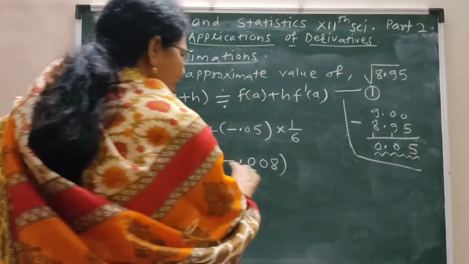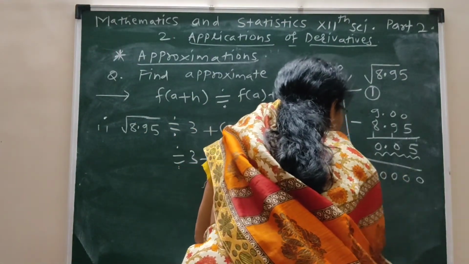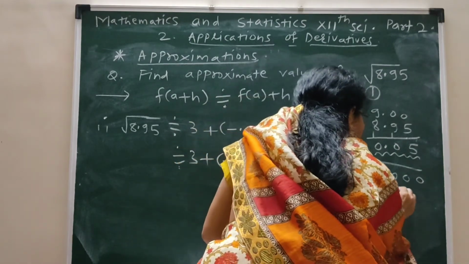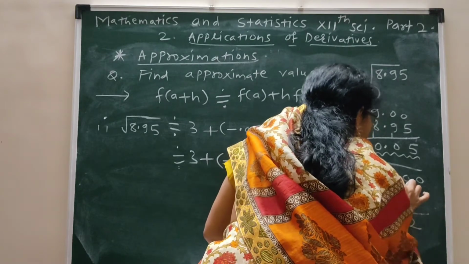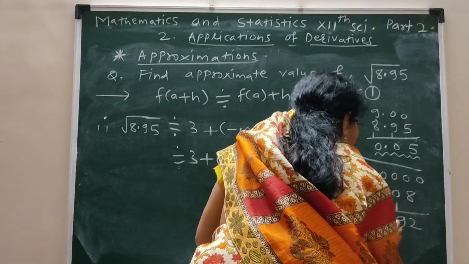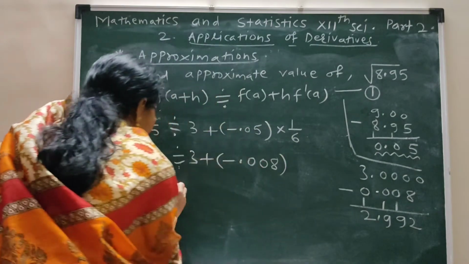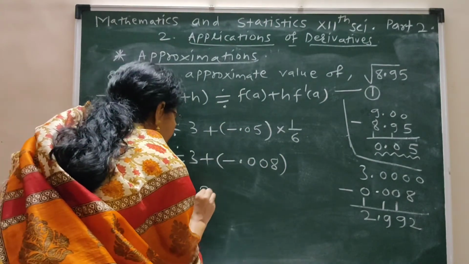So if we take this difference, 3 minus 0.008, we get 2.992. This is the answer, nearly equal to 2.992.